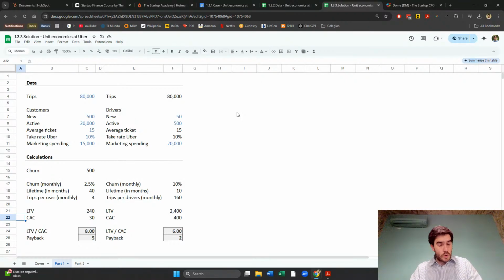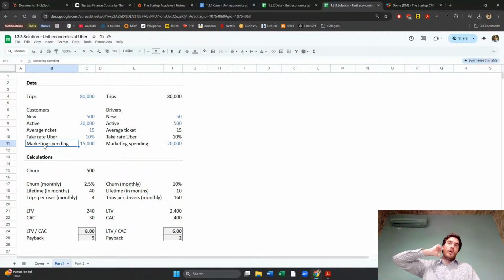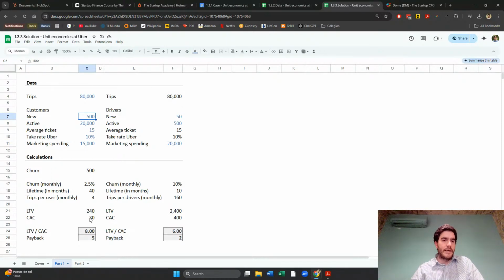But in the end, it's true. You spend a lot of money on acquisition, both generating leads, marketing, and closing leads, sales. Here I simplified it just with marketing, but it should be marketing and sales. So all the cost you put divided by the number of new customers that you get is 30 euros.